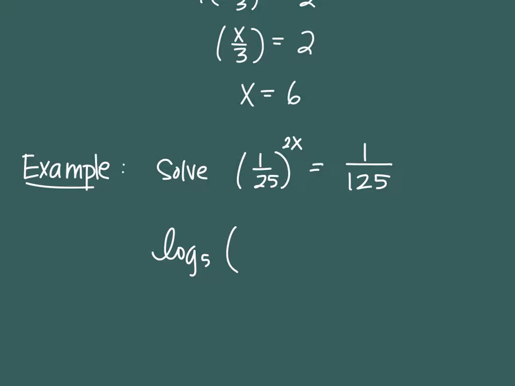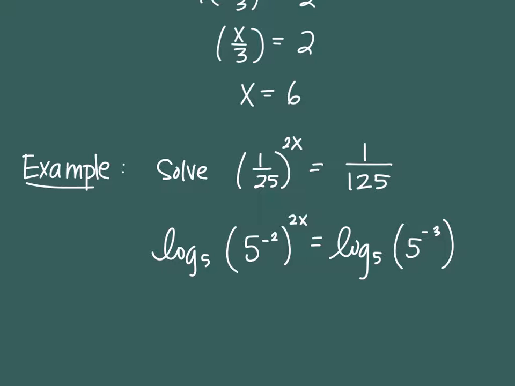Because 1/25 is what? 5 to the -2. And if you use a 5 on the other side, why would you choose to do that? Because what's 1 over 125? 5 to the -3rd. Okay, gotta know your powers.